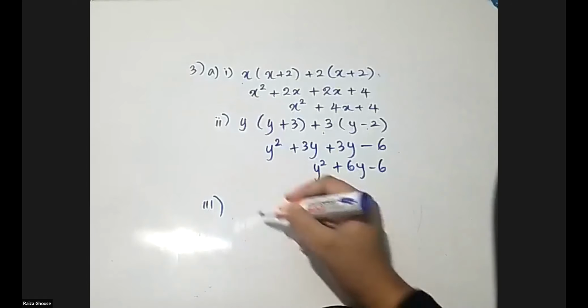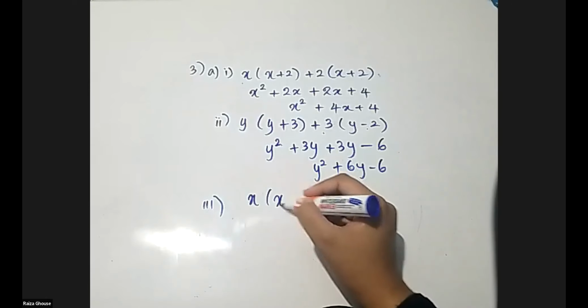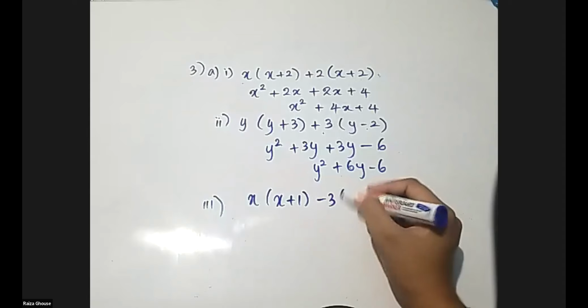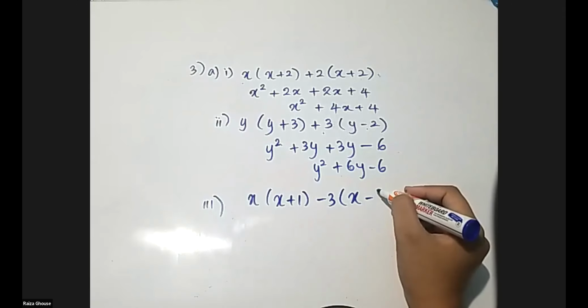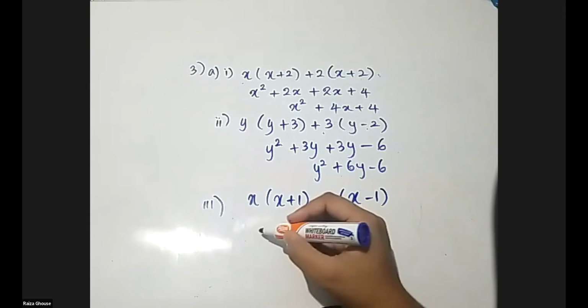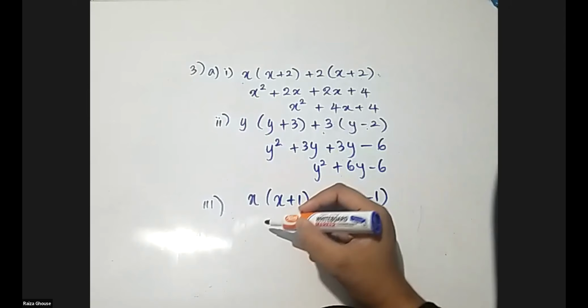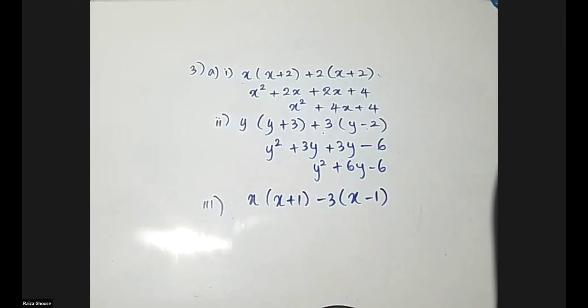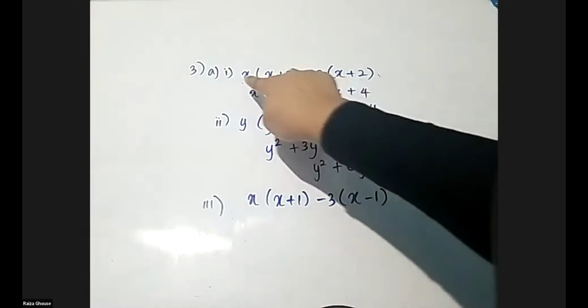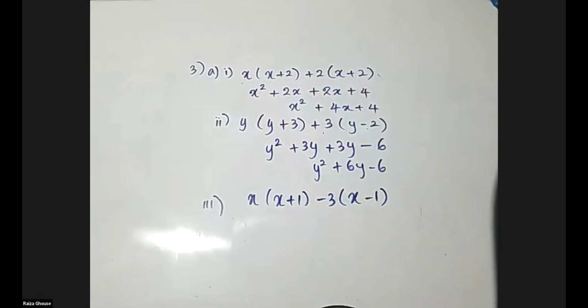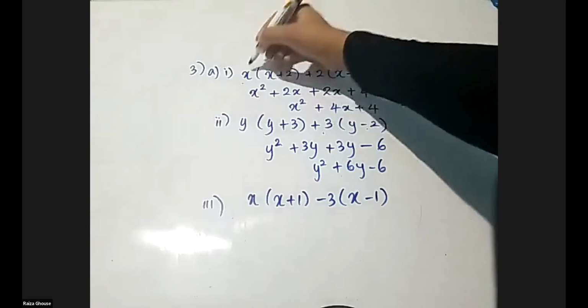Roman number 3, x into x plus 1 minus 3 into x minus 1. Now look at the board carefully. Okay, first one is not clear. Look at the board. First one, x multiplied by x. I'll take a different color marker. The black one I'll take to show you. X into x.